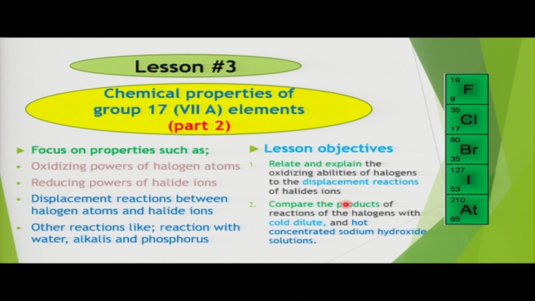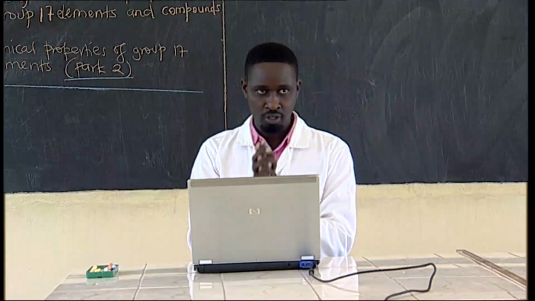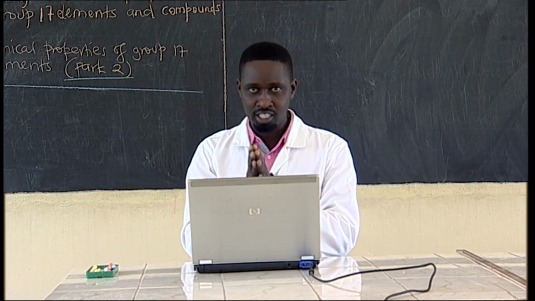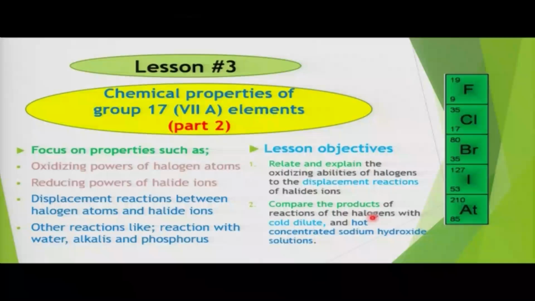So I expect by the end of the lesson, you should be able to, one, relate and explain the oxidizing abilities of the halogens, two, their displacement reactions of the halide ions, compare what we looked at in lesson 2 with the displacement reactions in this lesson, then compare the products of the reactions of the halogens with dilute and concentrated sodium hydroxide.